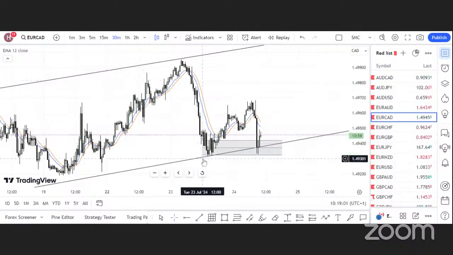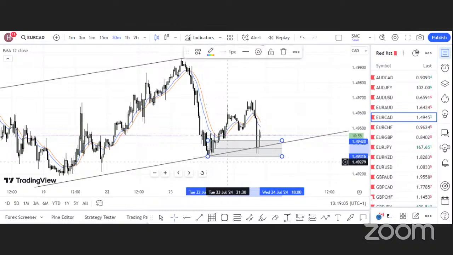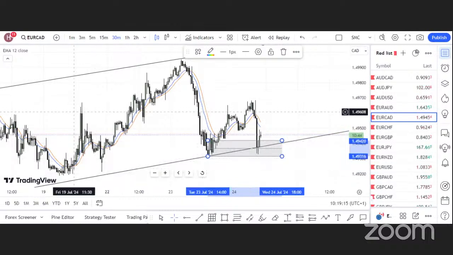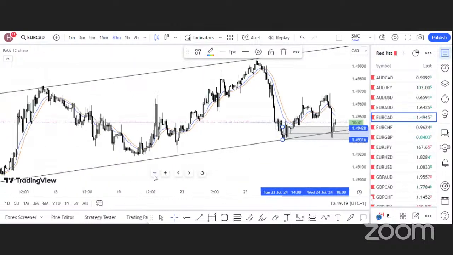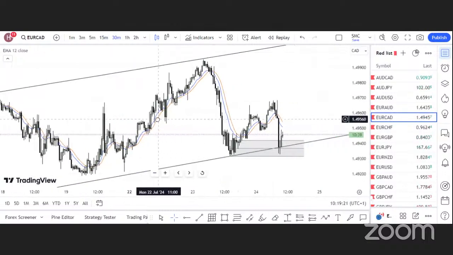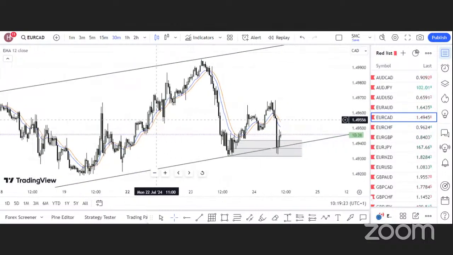This is a valid support zone because the market had earlier retested this level, and aside from this box, we also have the trend line, and the trend line also suggests that the market is bullish.